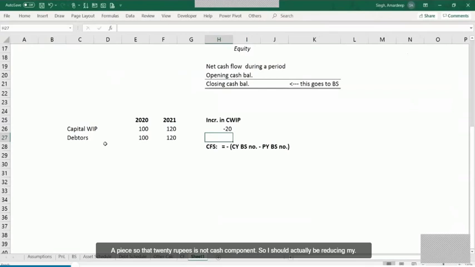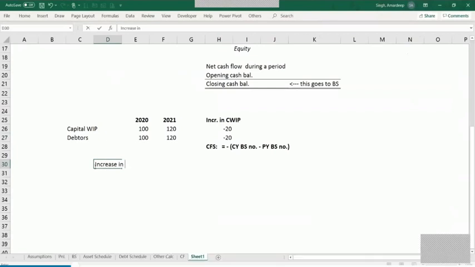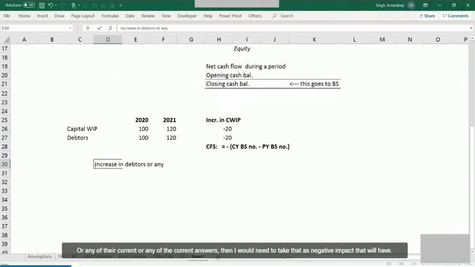So I should actually be reducing my sales to that extent. So 20 rupees is a non-cash. I did not receive it. So we need to reduce it, which means that in the cash flow statement, if there is any increase in the current assets, debtors or any other current assets, then I would need to take that as a negative impact.